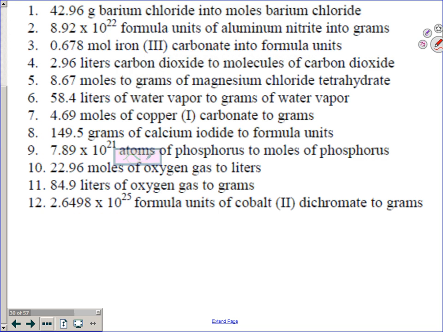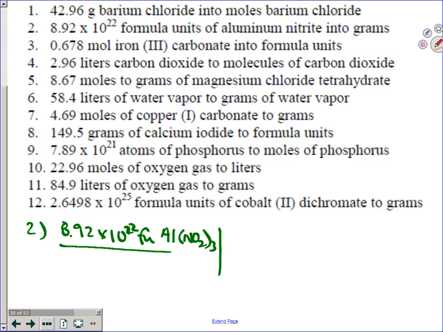We're converting the... Did you get 164.997 grams?